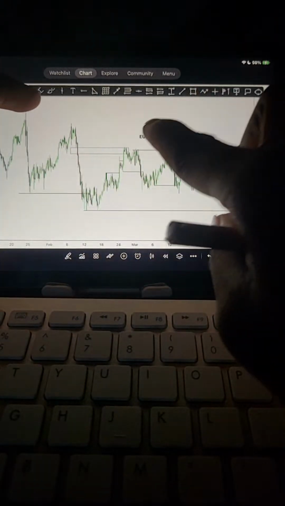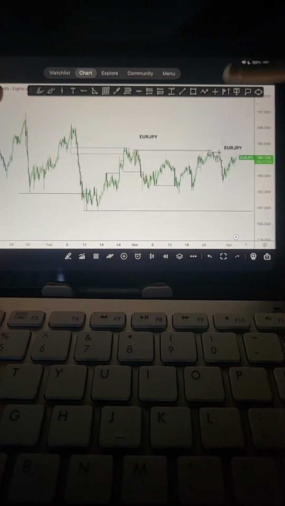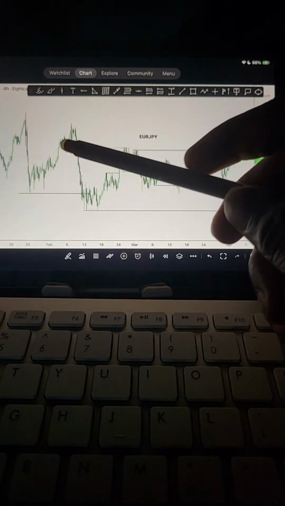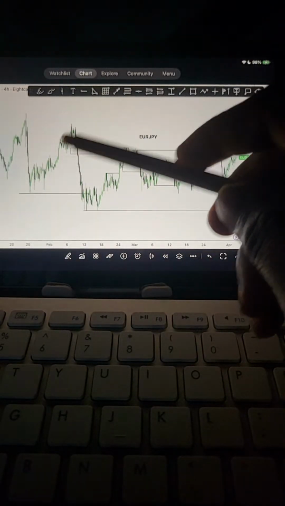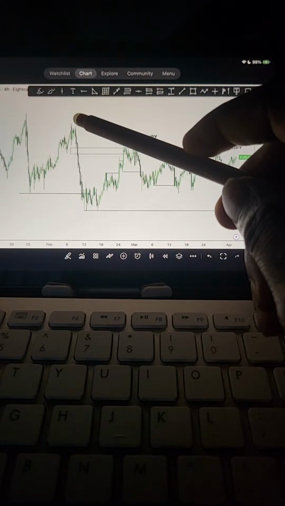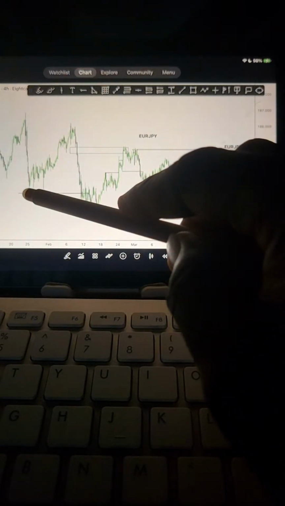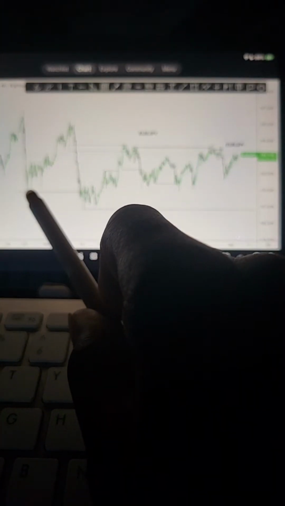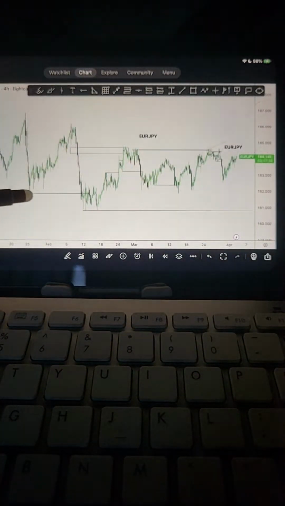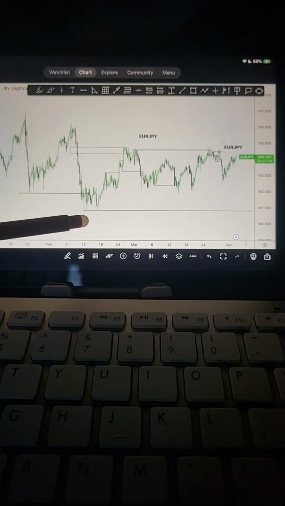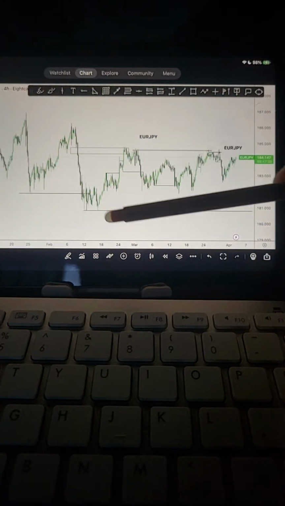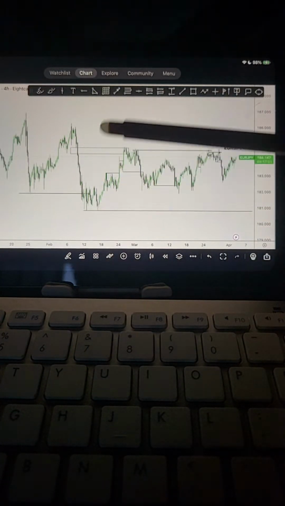If you look at the external structure, price did a pullback. Price broke structure, breaking this low. So this low was broken by this move, and this is a break of structure to the downside.